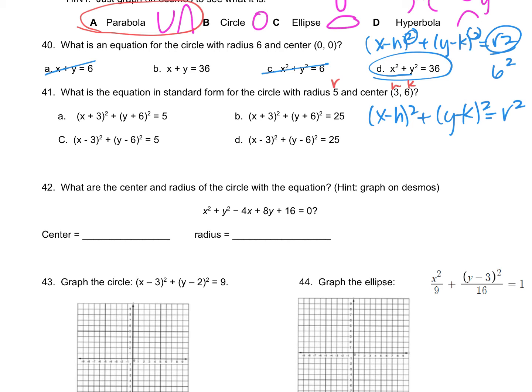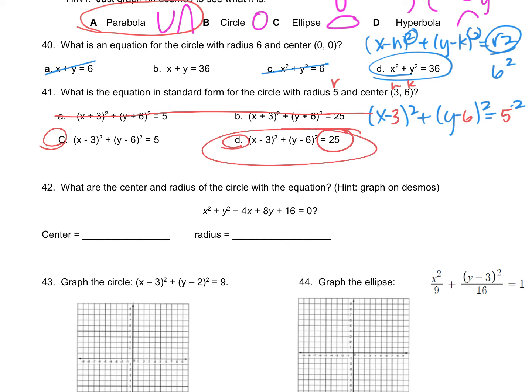So I'm going to erase my h and my k and my r, and plug in what I know, which is 3, 6, and 5. So I'm looking for an x minus 3 and a y minus 6, which looks like this one and not those. And it's 5 squared, so that's got to be this guy. So we're looking at D and D only, not C at all.